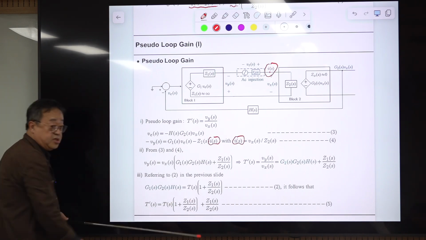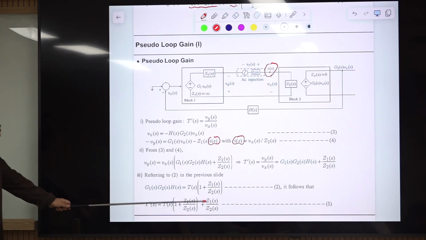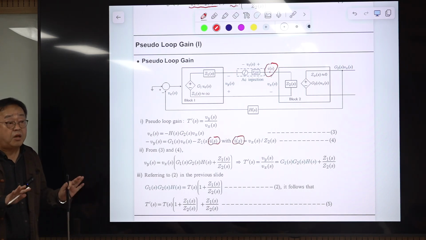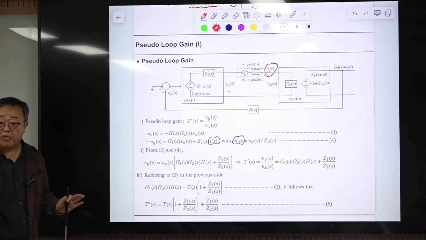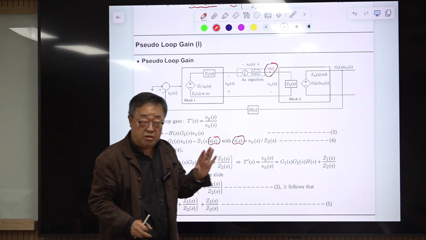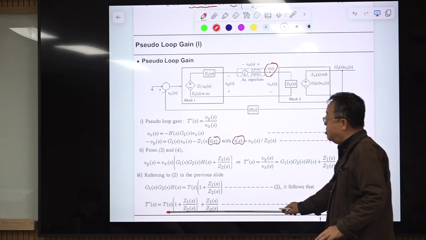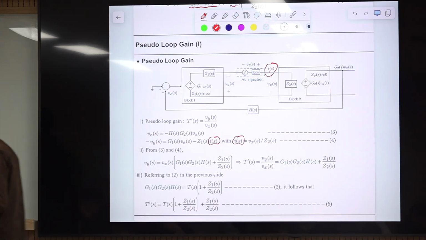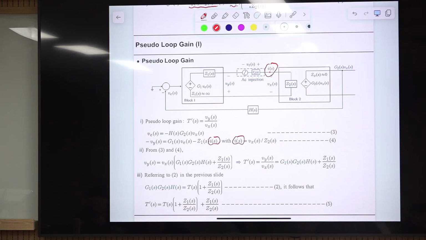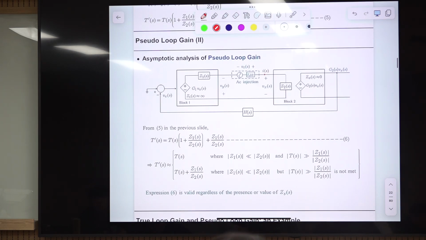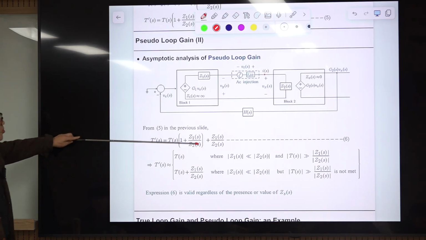There are some impedances. If you see something like this, what will you do? You use the asymptotic analysis technique. Maybe you learned it in the last course, last semester's lecture. The exact expression is very complicated, and you cannot do anything from this, but if you use asymptotic analysis, this is called asymptotic analysis.